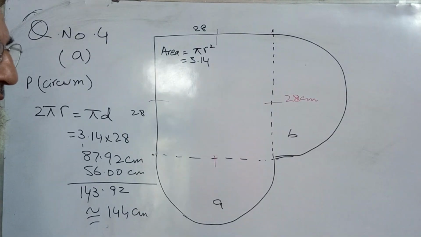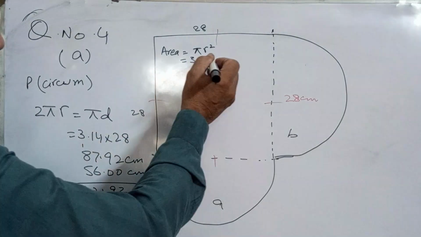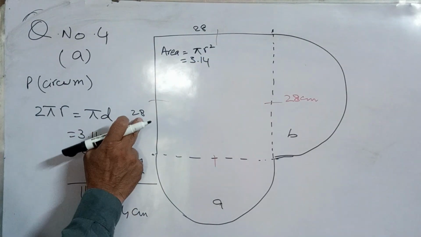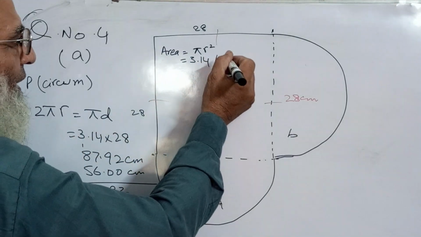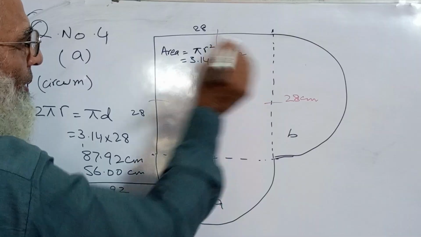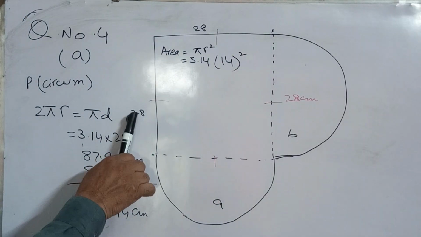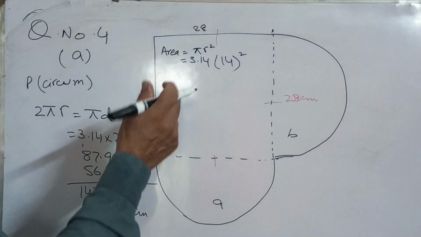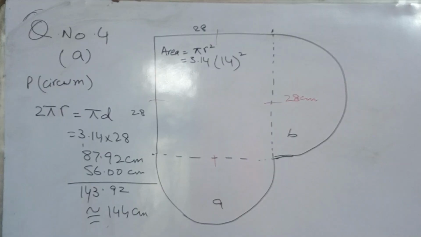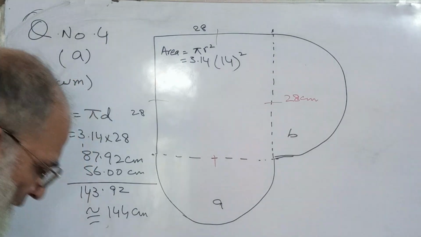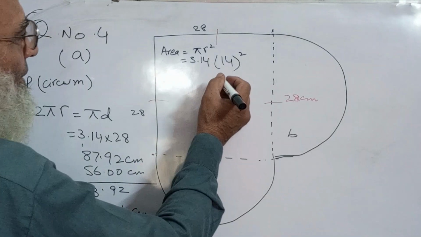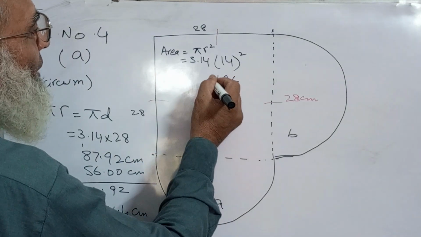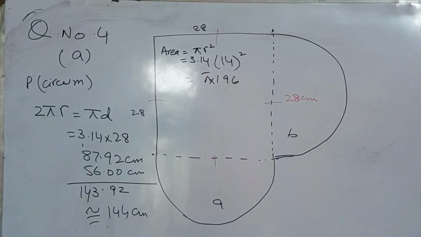Pi is 3.14 and the radius is, you see this is the diameter 28, half of it will be 14. So we will take 14 as radius, so it will become 14 square. 14 square will be equal to 196, multiplied by pi.